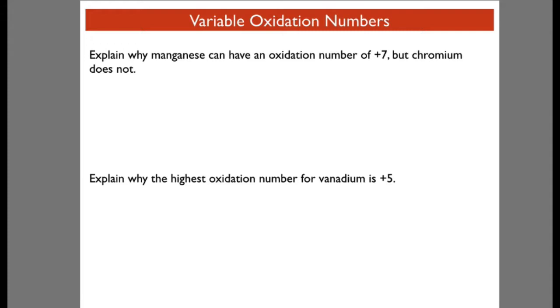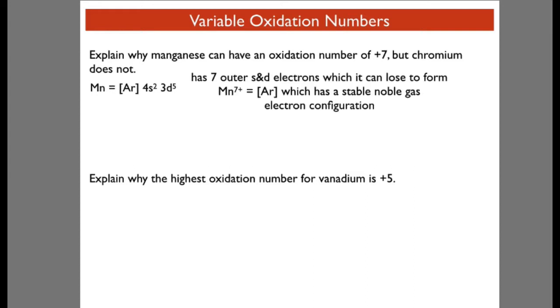Okay, so we're going to explain why manganese can have an oxidation number of +7 but chromium cannot. Well, that's manganese's electronic configuration, and you can see straight away it has 2 s electrons, 5 d electrons, so 7 outer s and d electrons, which it can lose to form manganese 7 plus, which will have the stable noble gas configuration.